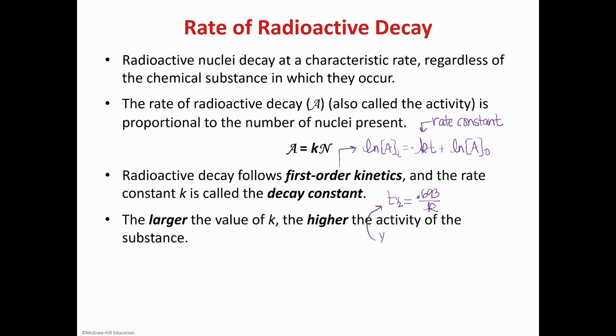Half-life is the time it takes for half the sample to decay. So remember that. And all of our radioactive isotopes will have a signature half-life. It cannot be accelerated. Temperature and pressure won't change it. So it is what it is.